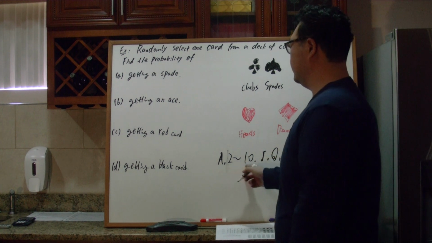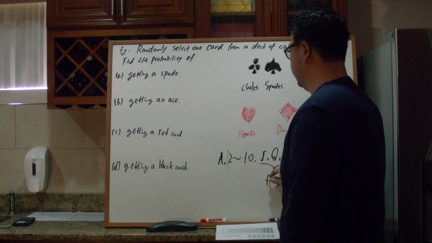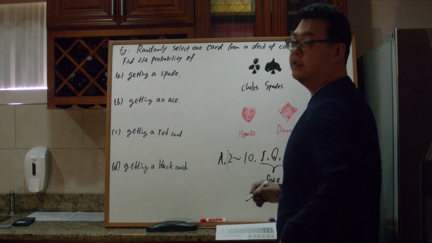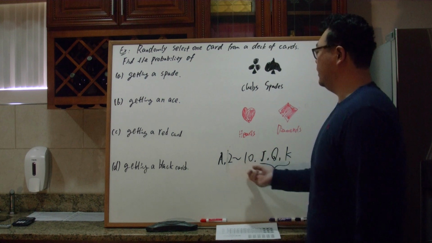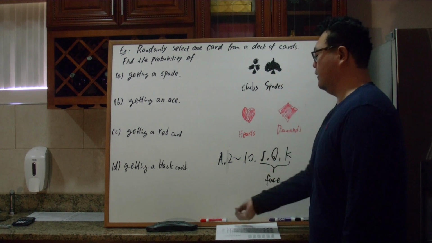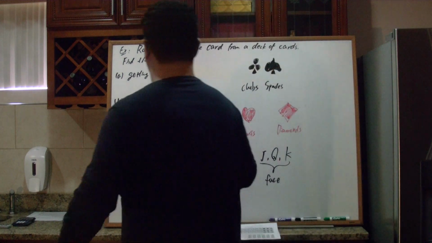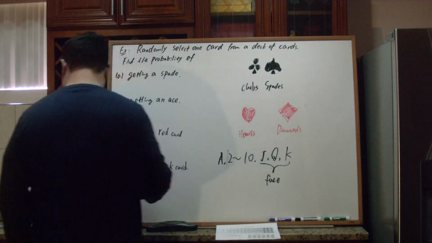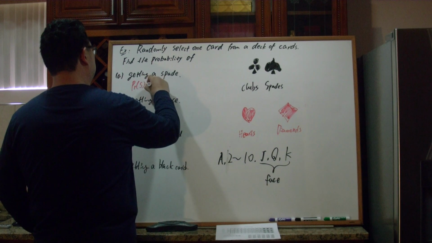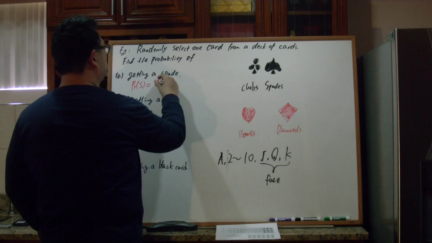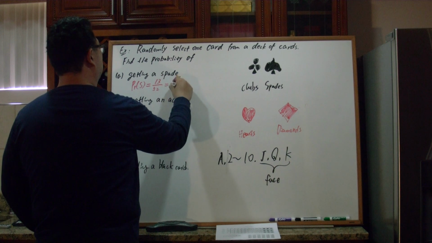Ace is ace, 2 to 10 are 2 to 10. Jack, queen, and the king are face cards. That's 13 times 4, which gives us 52 total cards. So the probability of getting a spade, each suit is 13 cards, 13 out of 52 cards, which is a quarter.